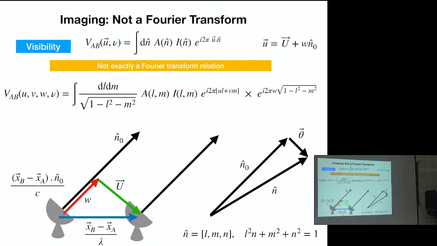Okay. So now the problem here is that this is not a Fourier transform. The two problems: one is that this integral goes from -1 to +1. The other problem is this term. It's a very complicated term, which we sometimes call the W term. It comes because of non-zero values of W.